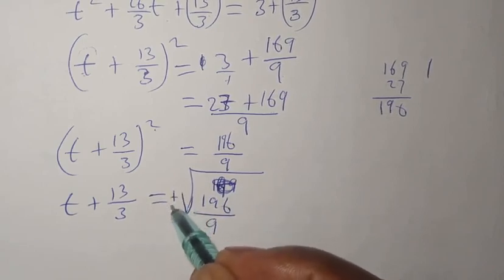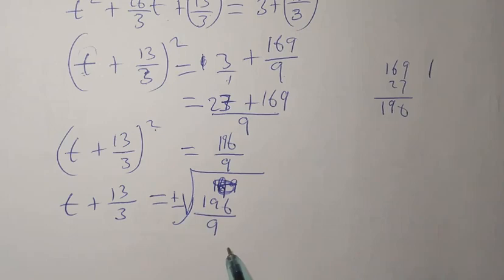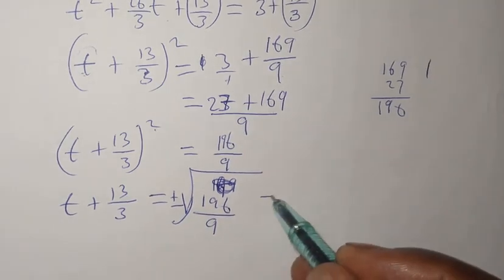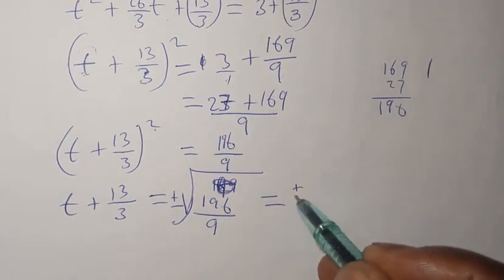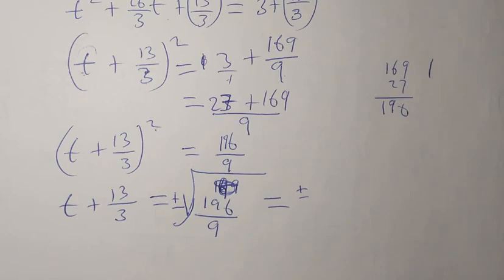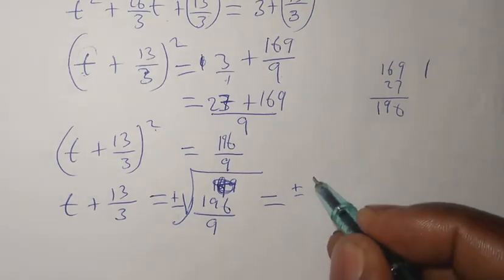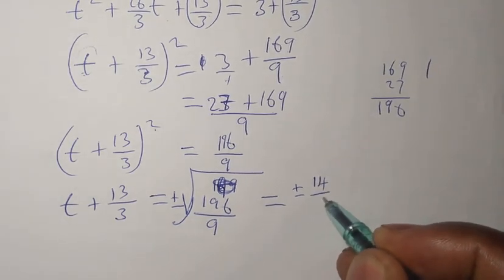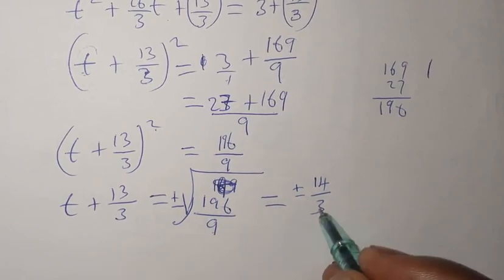This must be positive or negative since we are taking a square root on the other side. So we'll have positive or negative the square root of 196, which will give us 14. So we have plus or minus 14 over the square root of 9, which is 3.